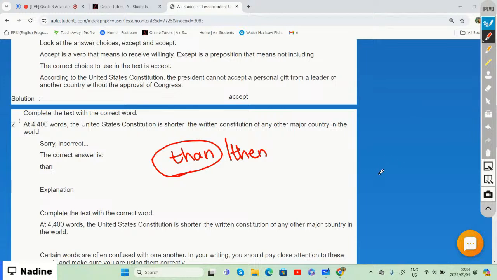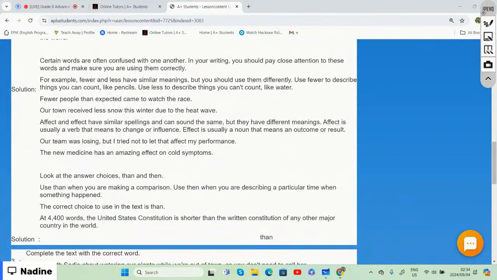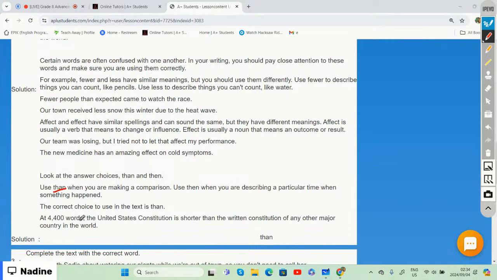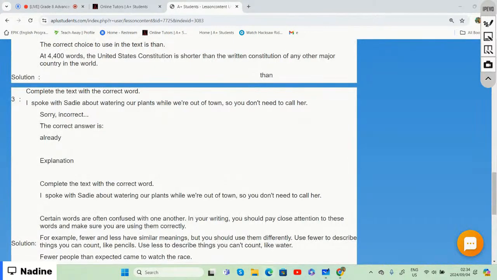So we use the word than with an A, not then with an E. And if we look at the difference between those two words, than is used when you're making a comparison, and then is used when you're describing a particular time and when something has happened. So that is why we use the word than, because we are comparing the Constitution to something else. All right.